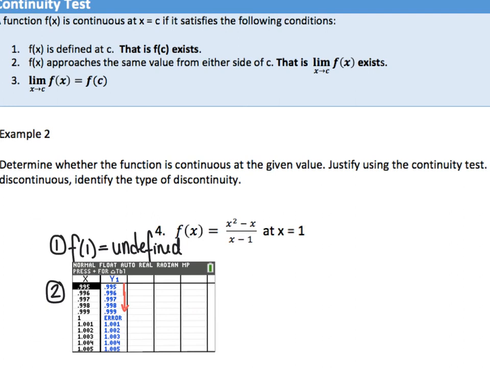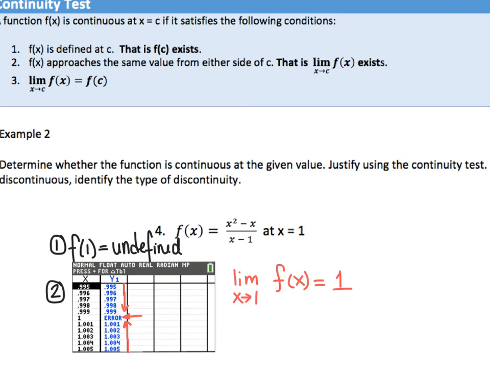On the right, it's getting really close to it as well. So even though it's undefined right here at 1, the limit does exist. The limit of f of x as x approaches 1 this time is equal to 1 as well.